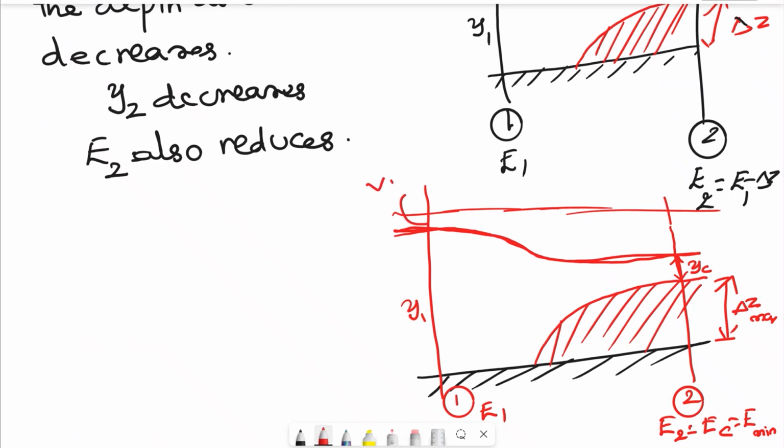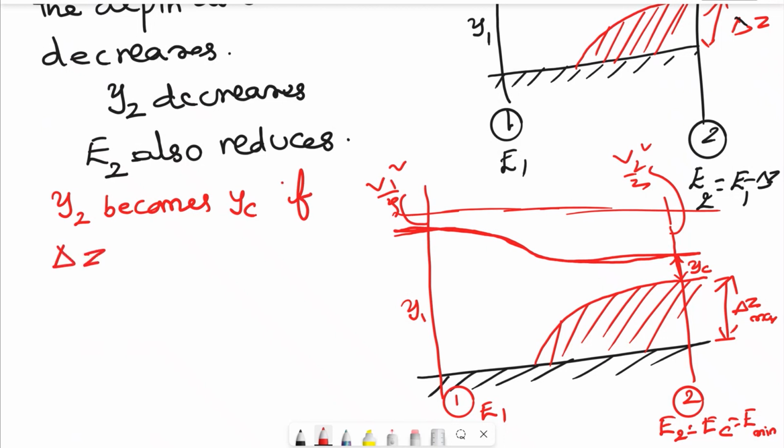This is V1 squared by 2g, this is V2 squared by 2g. So Y2 becomes YC if delta Z becomes delta Z maximum. This is the condition.